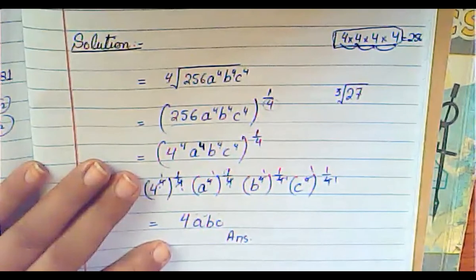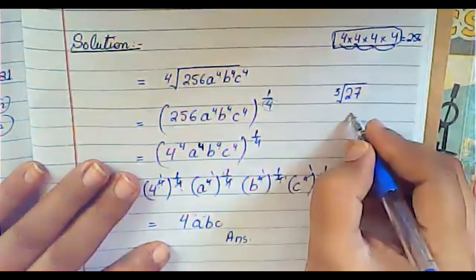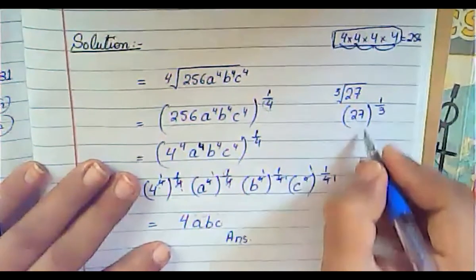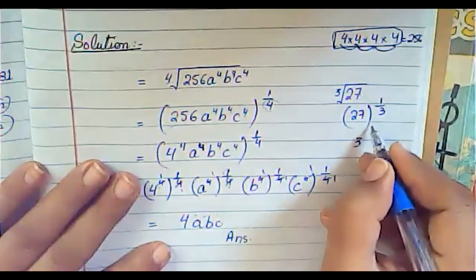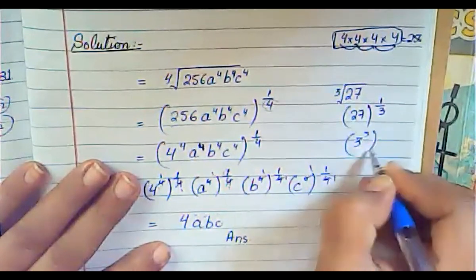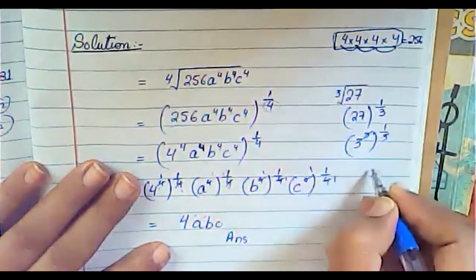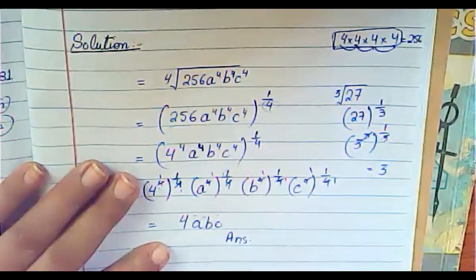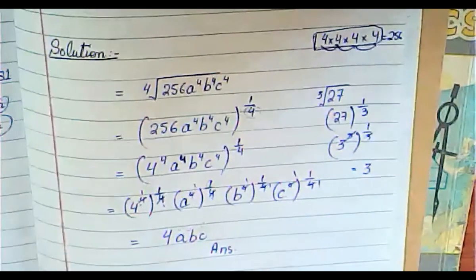It means you are going to write here 27 to the power 1 upon 3. And you will write 3 multiplied by 3 by 3 is 27. So 3 raised to the power 3, then power 1 upon 3. It will be cancelled. So answer will be 3. Right? Is it clear?